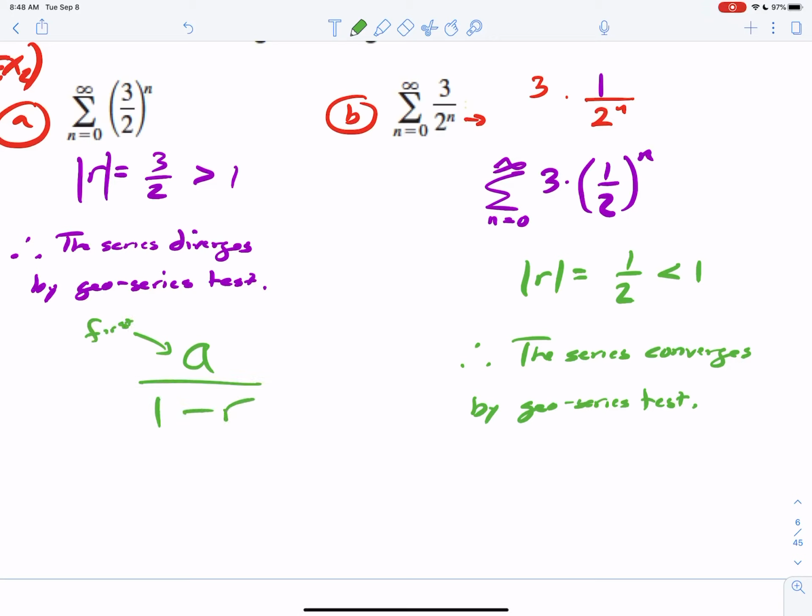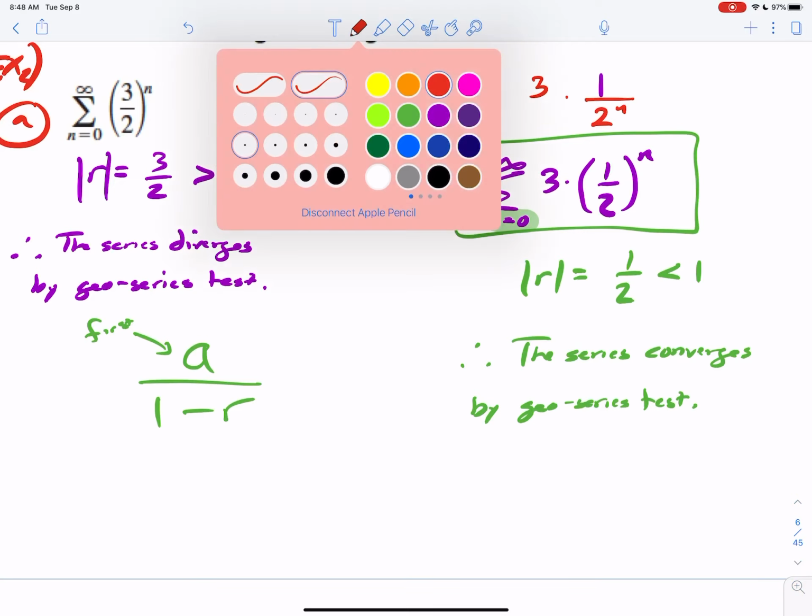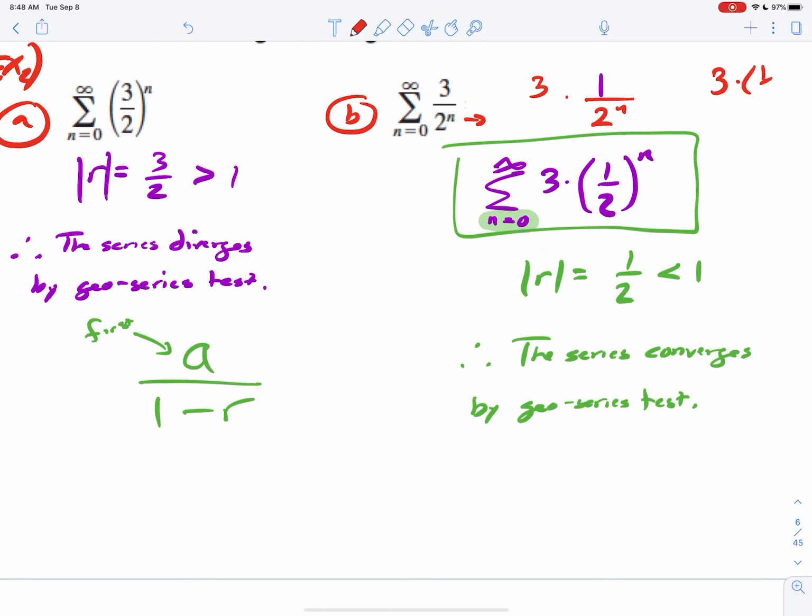Now the first term, if we take a look at this series here, n starts at 0. So if I plug in 0 into n here, I will get, sidebar, 3 times 1/2 to the 0 power. 1/2 to the 0 power is just 1 times 3 is 3. So I know my first term is 3.